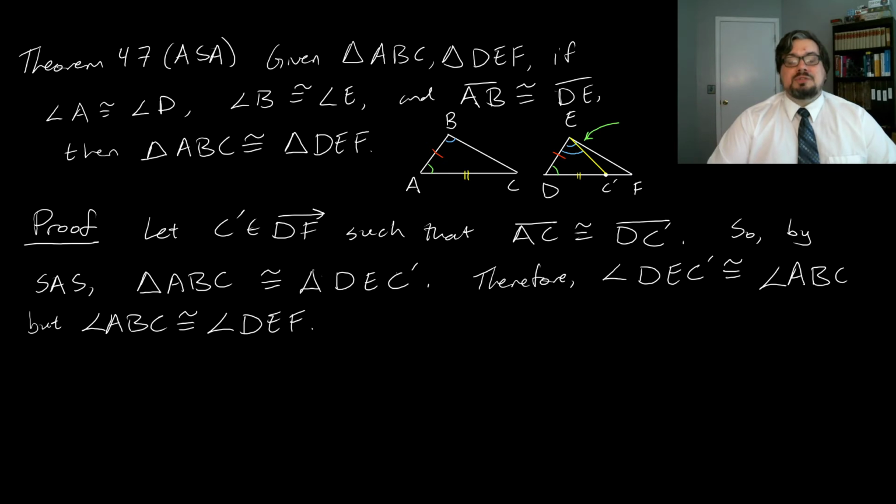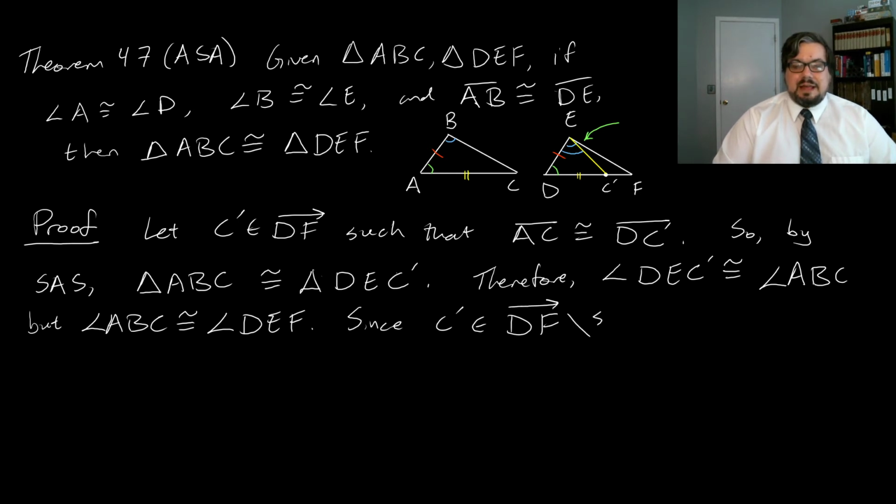Now, we are almost done because the angle construction theorem says that there's only one ray that forms a given angle at a point with another ray on the same side of that line.